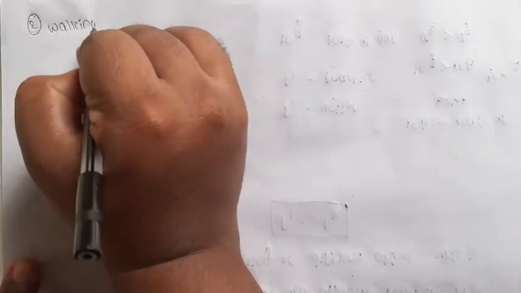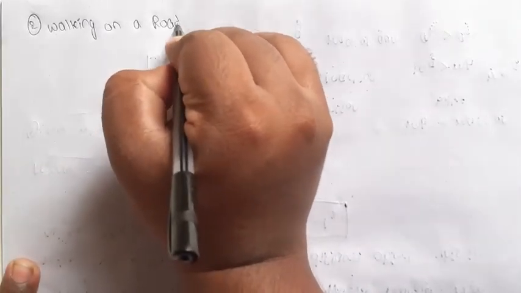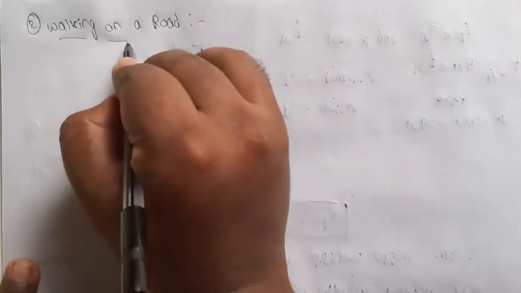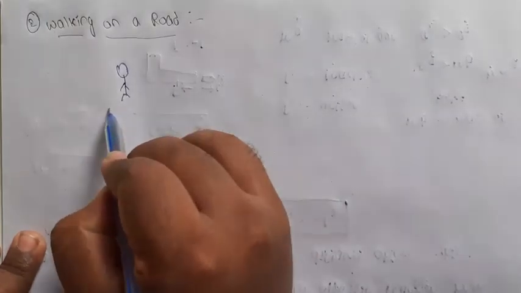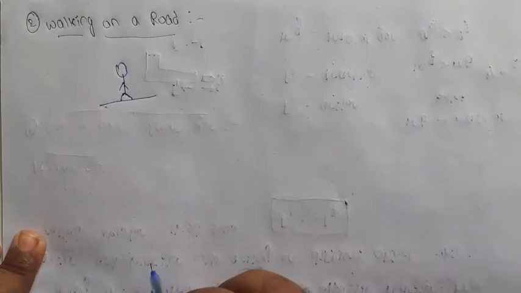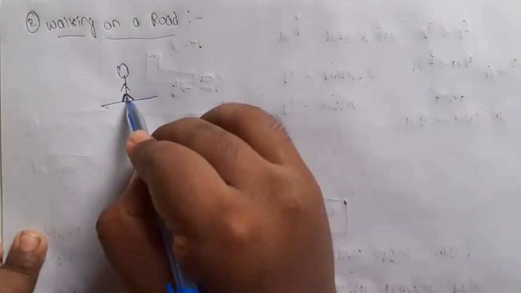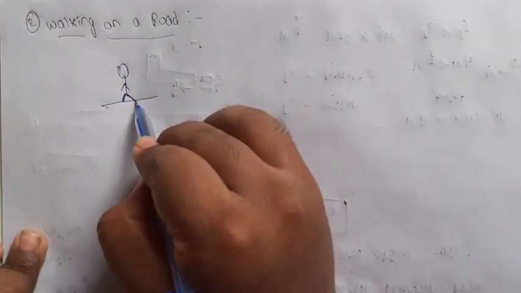The second example is walking on a road. You have observed that while a person is walking on a road, compared to the two legs, one leg applies more force on the ground first.